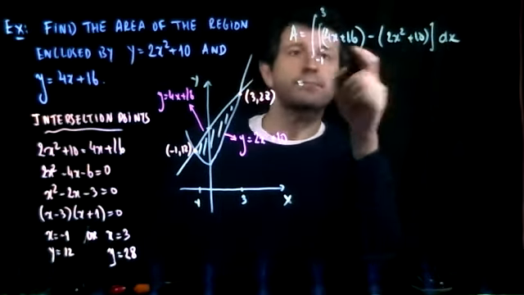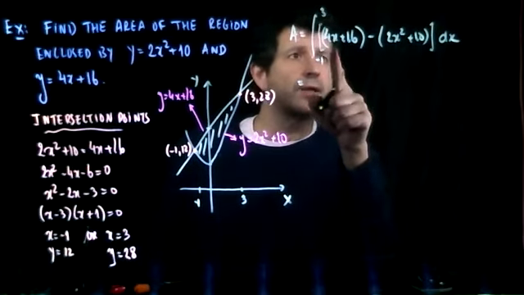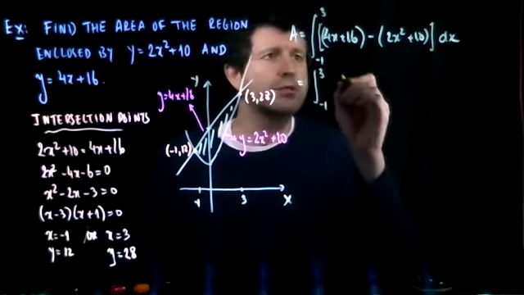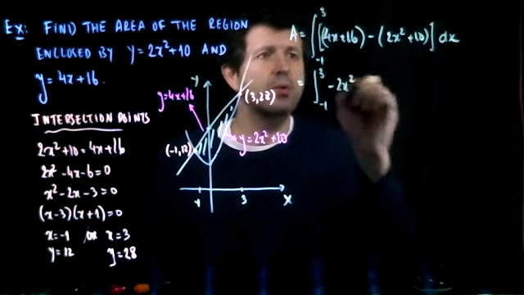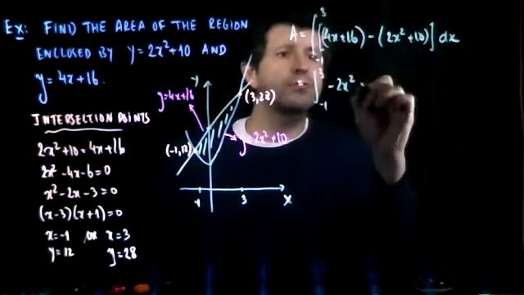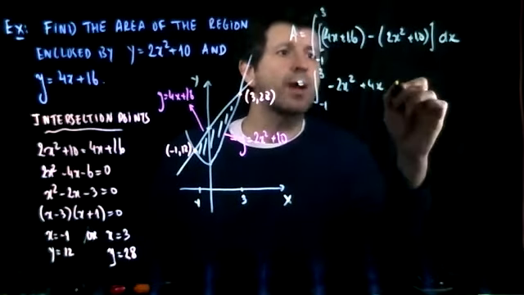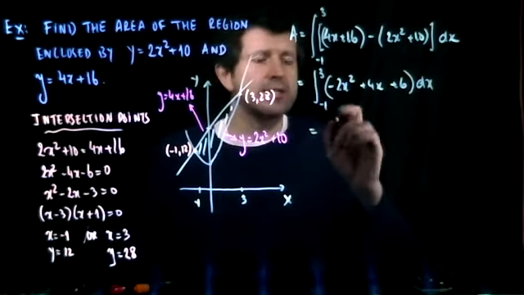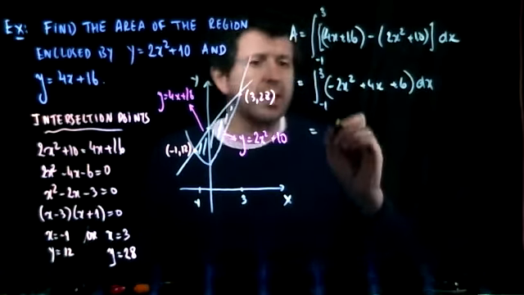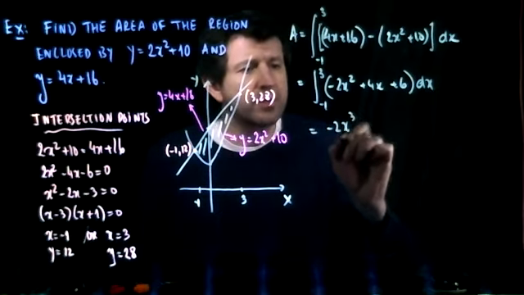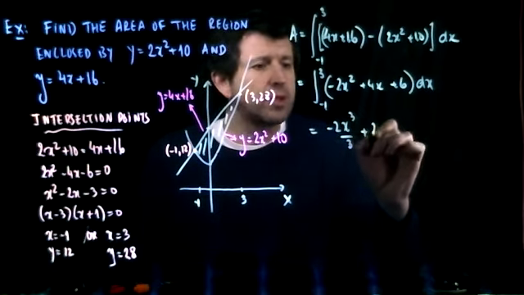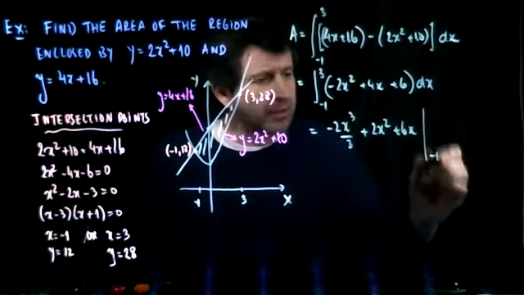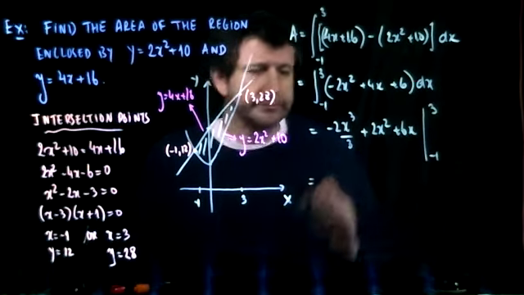Okay, let's calculate this. So it's the integral from -1 to 3 of -2x squared plus 4x plus 6 dx. That is -2x cubed over 3 plus 2x squared plus 6x, and all this evaluated from -1 to 3.